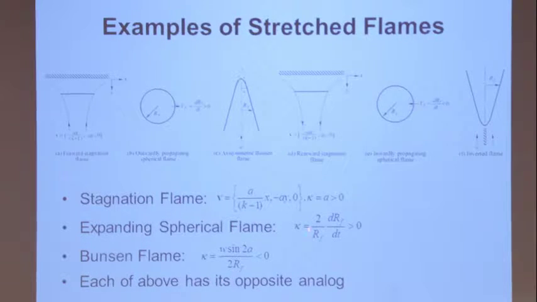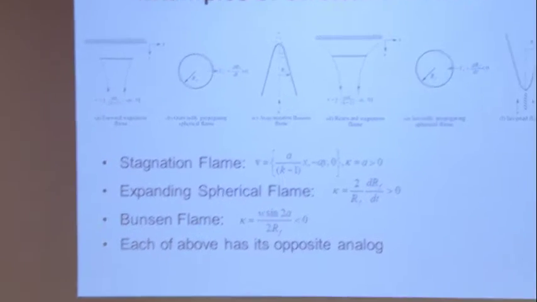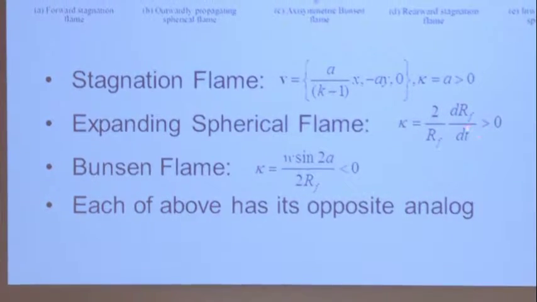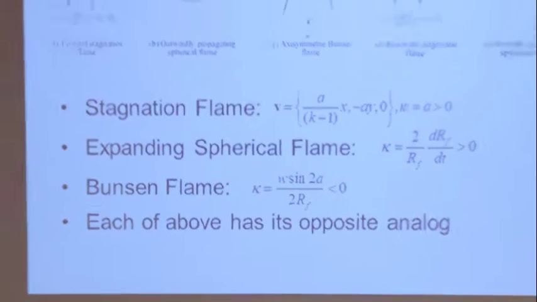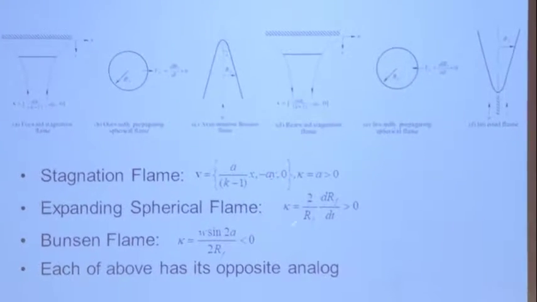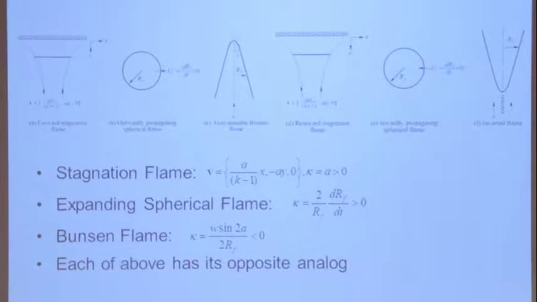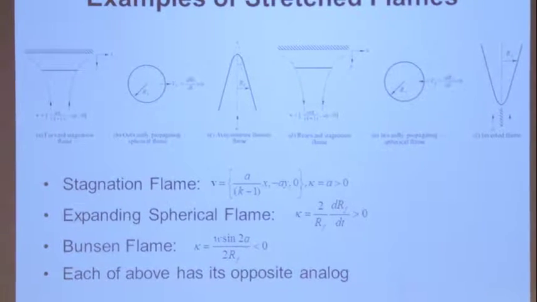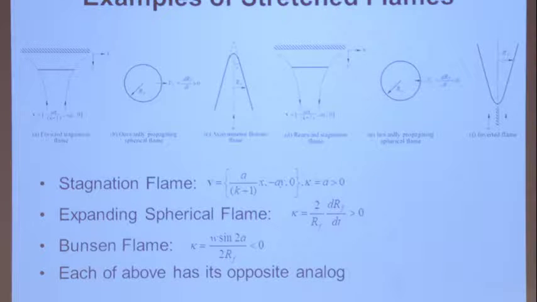For an expanding spherical flame, the stretch rate is basically 2/R dR/dt, where R is the flame radius and the area goes as R squared. So you measure the rate of change of the flame surface. You ignite a flame, it propagates out. It's under stretch because the flame surface area keeps on changing.